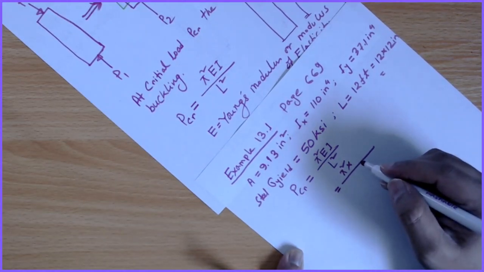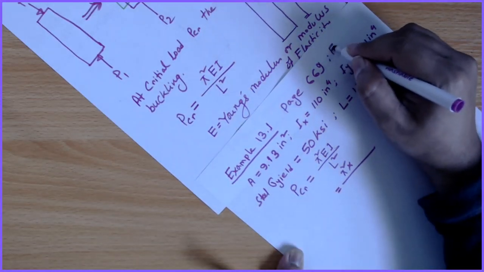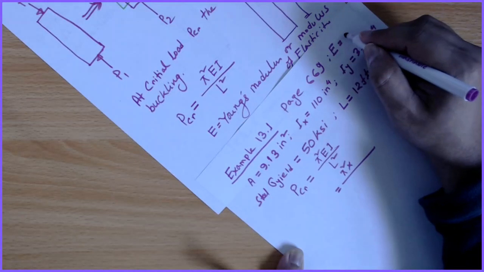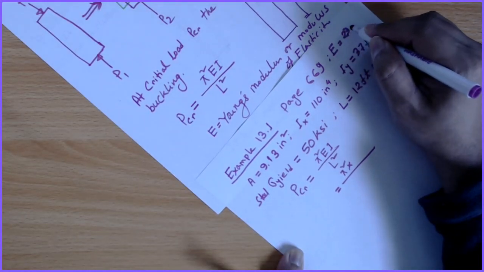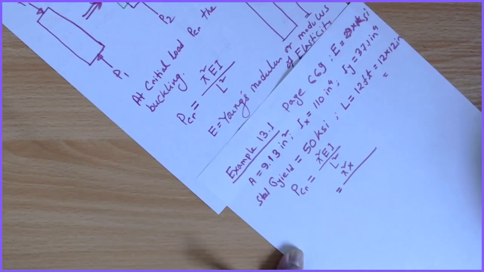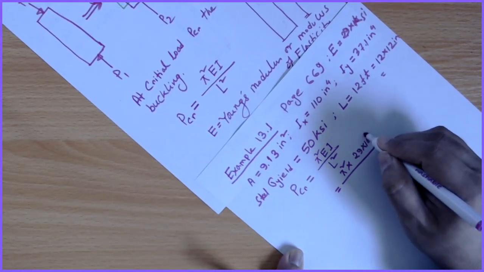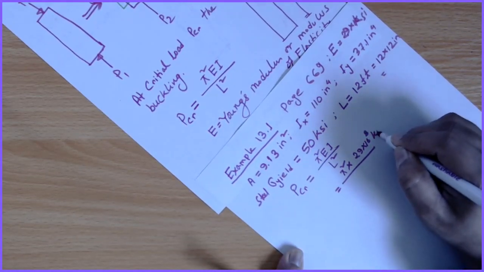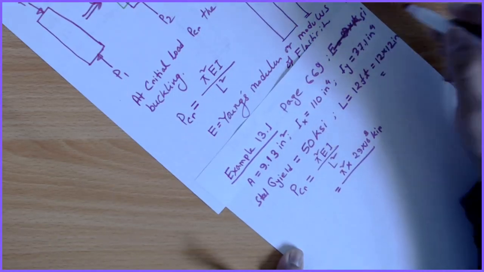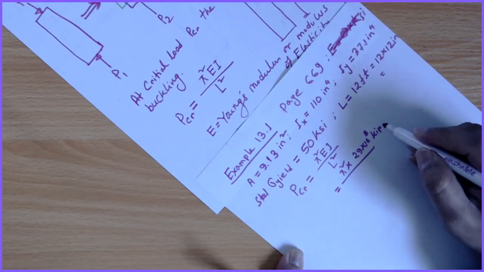Young's modulus is also given: E equals 29 times 10 to the 3 ksi.